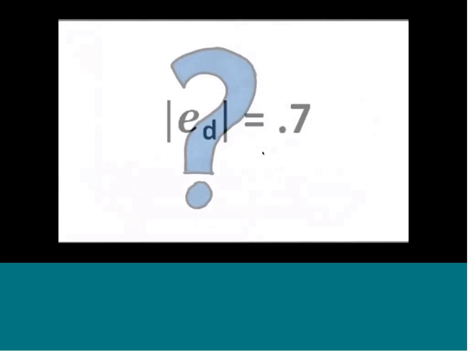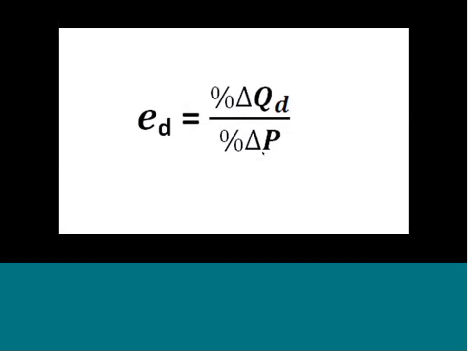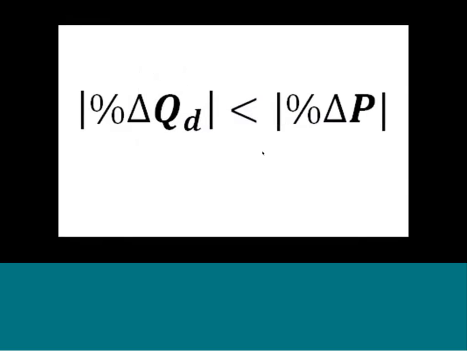Again, what does this number really mean, and what does it tell us? Ultimately, the key value where elasticity is concerned is 1. In the case of youth demand for cigarettes, the size of the elasticity figure is less than 1. Since elasticity of demand equals the percentage change in quantity demanded over the percentage change in price, this means that the absolute value of this ratio is less than 1. It follows then, in order for this ratio to be less than 1, it must be the case that the size of the price change is greater than the size of the quantity change.